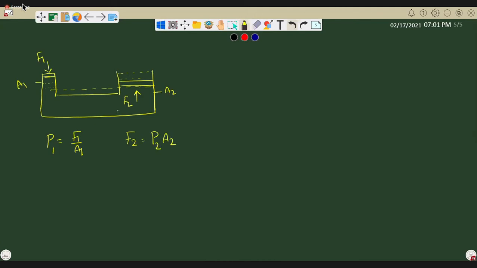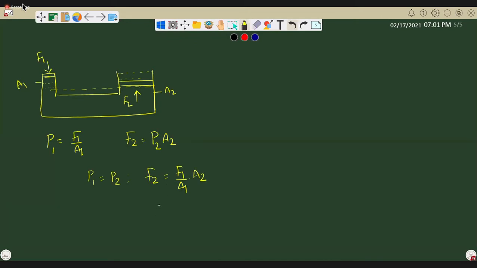P2. But we know when it is in static condition, your pressures are equal. I know my P1 is equal to P2. So F2 is equal to F1 divided by area 1 into area 2.